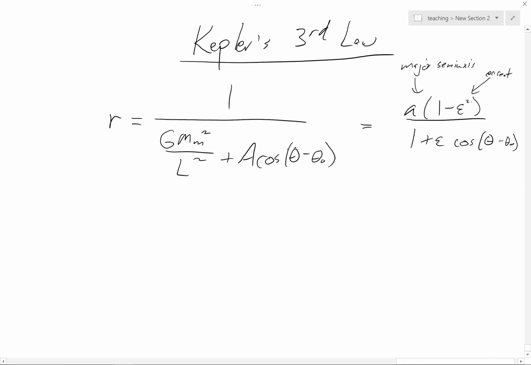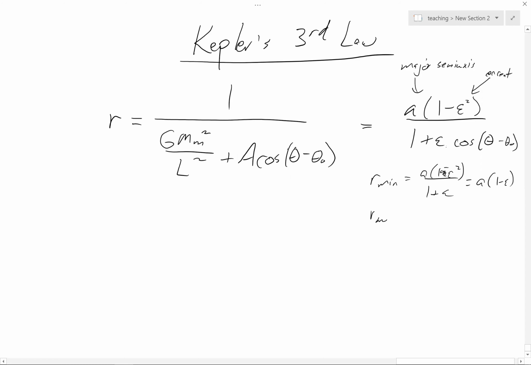To see this is true is actually really easy if you just think about the biggest and the smallest values of r. The smallest value of r will be when cosine equals 1, and the bottom is 1 plus epsilon. So the minimum value of r would be a times (1 minus epsilon squared) over (1 plus epsilon), which is a times (1 minus epsilon).